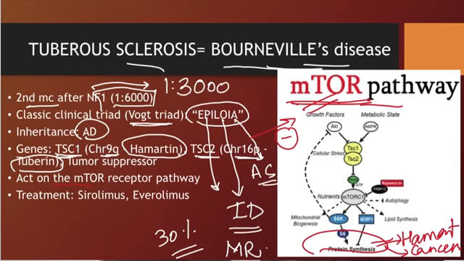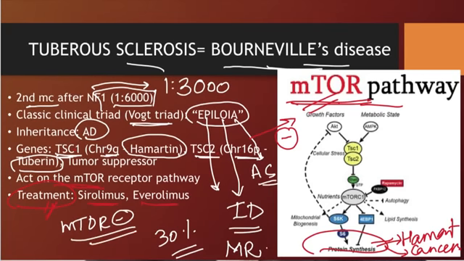We've already talked about how it acts on the mTOR pathway, and this pathophysiology is responsible for the drugs that we give for tuberous sclerosis. The newer drugs, sirolimus and everolimus, are nothing but mTOR inhibitors.